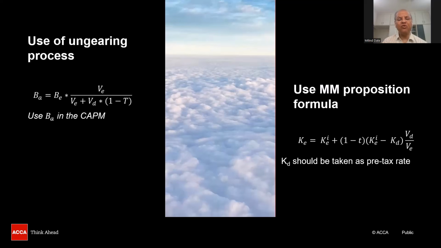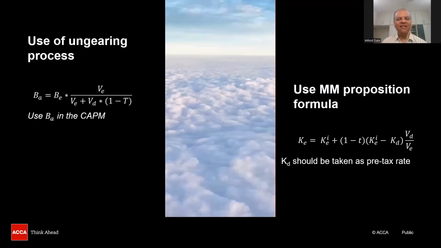If you want to make use of this formula, there's a tip for you. Many times students ignore this and ultimately get calculations wrongly. KD in this formula has to be taken as pre-tax rate. Now, why?